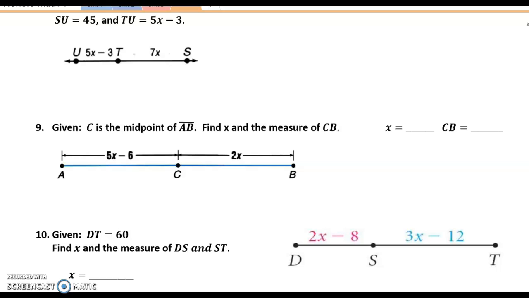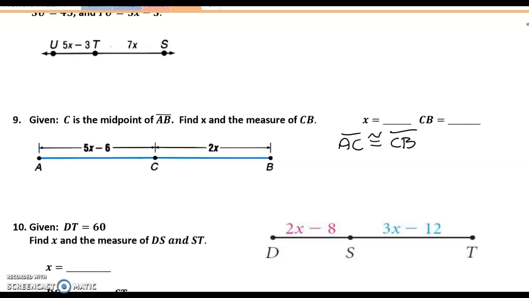All right, skipping over to number 9. We're given that C is a midpoint of AB. We want to find the value of x and the measure of CB. Using the given that C is the midpoint of AB, we know that segment AC is congruent to segment CB.